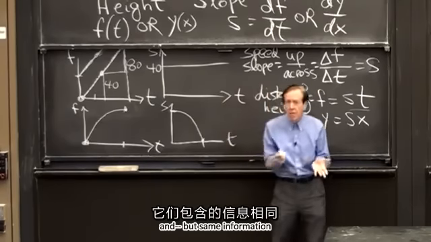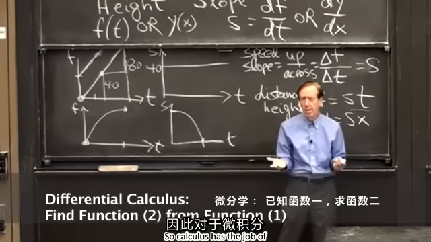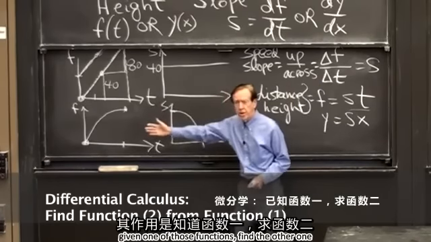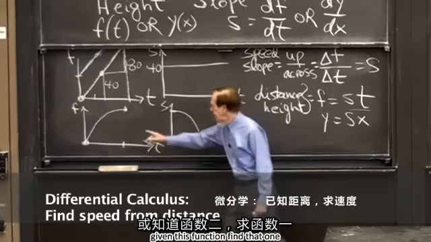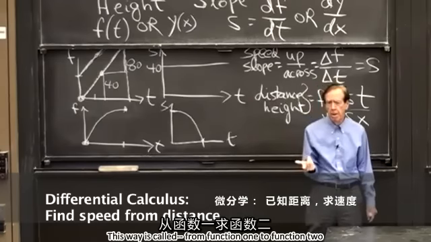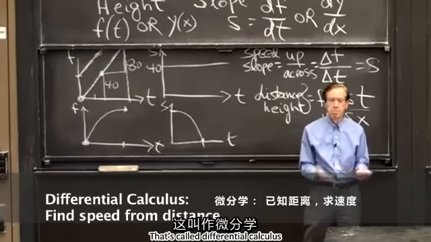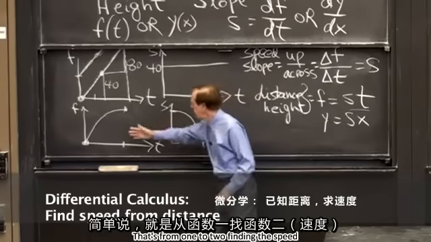See, two different pictures, two different functions, but same information. So calculus has the job of, given one of those functions, find the other one. Given this function, find that one. This way, from function 1 to function 2, is called differential calculus. Big, impressive word, anyway.